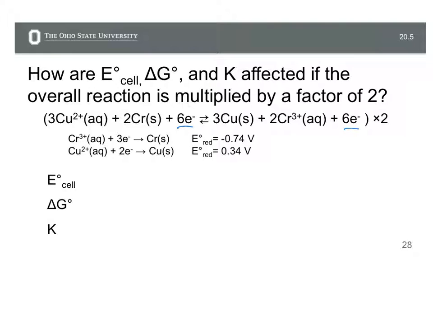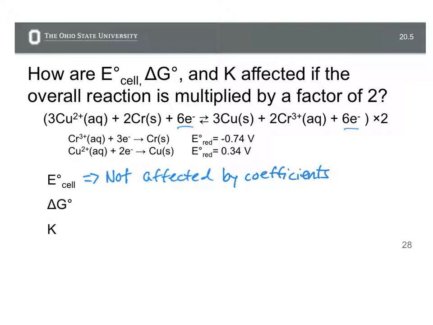We talked about this before, that our standard cell potential is not affected. So it's not affected by the coefficients in your overall reaction. And you can look at your equation for calculating E cell, standard reduction potential at the cathode minus the standard reduction potential at the anode. There's no N showing up in there anywhere.